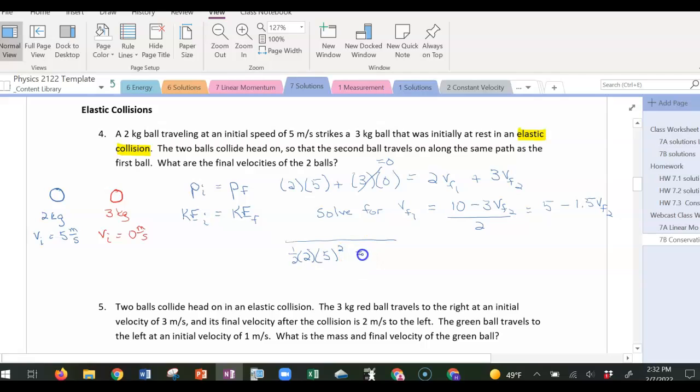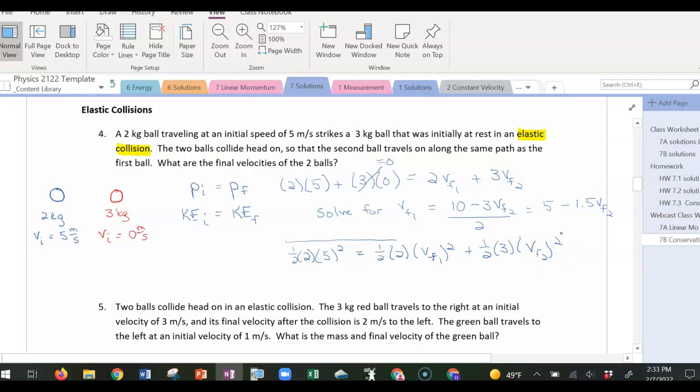So that should equal 1/2 of the mass times VF1 squared plus 1/2 of the second ball's mass times VF2 squared.